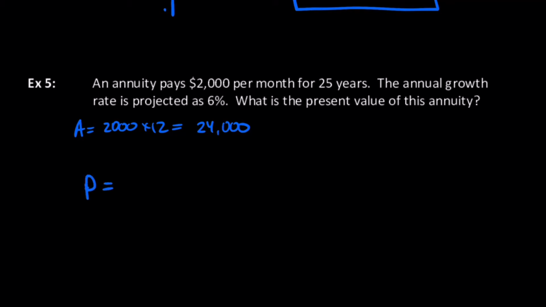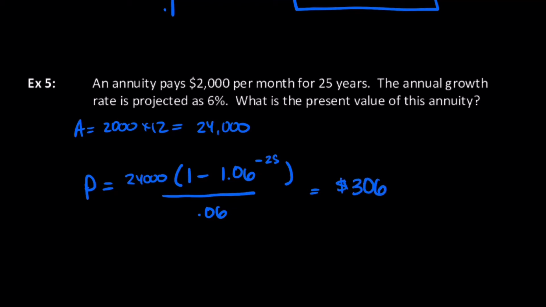So the present value is going to be 24,000 times 1 minus 1.06, right, because it's 6%, to the negative 25, because that's how many years I'm investing it for, all over 0.06. And that would give you $306,800.55.